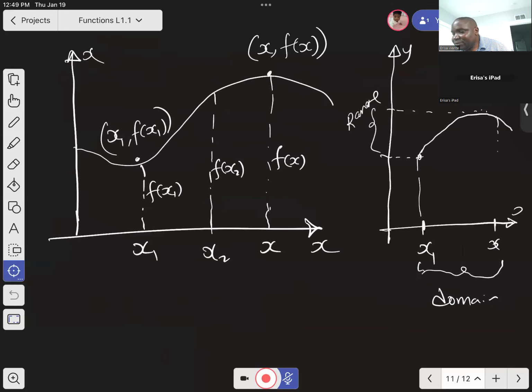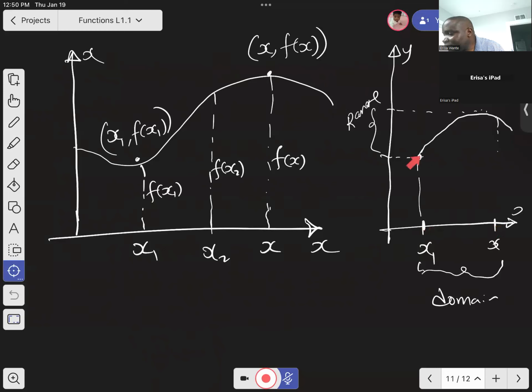So here I have a few examples. You have a function which is this plot. It gives this curve. And we are looking at this for the domain from x1 up to some value x. The values of the function, you can see this is its lowest value and this is its highest value. So in terms of range and domain, we are considering x values from x1 up to some x.